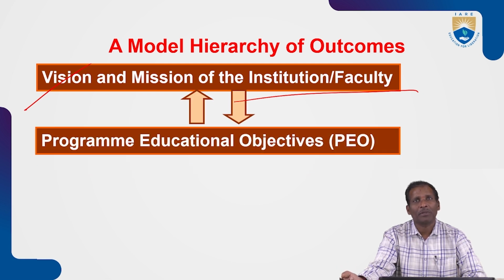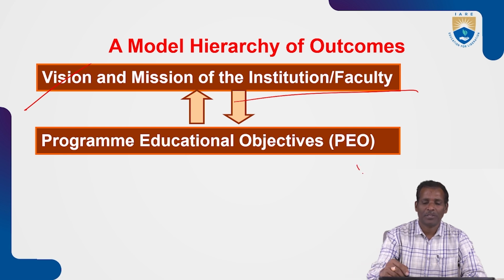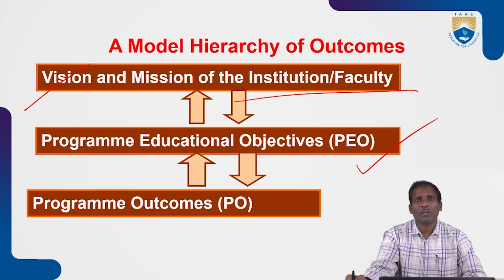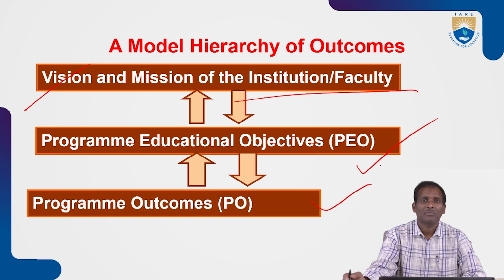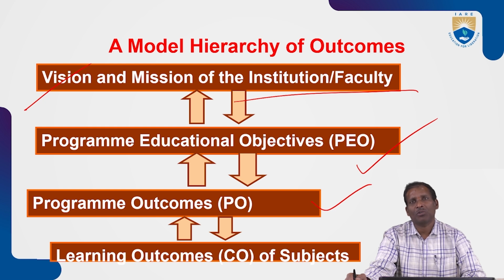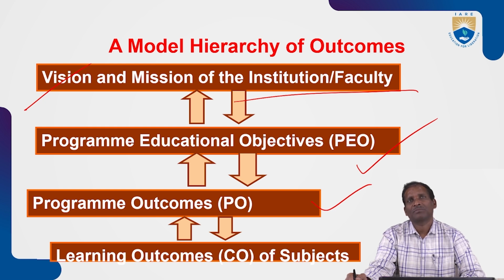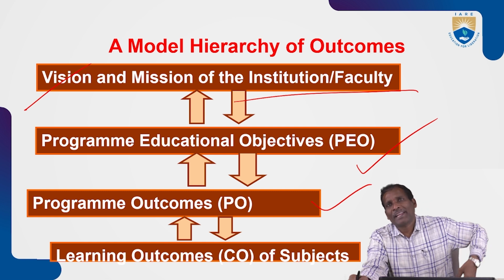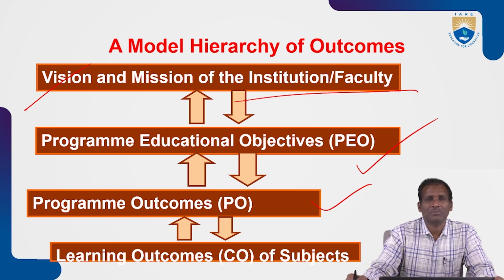Then program educational objectives, that is PEOs. Next, program outcomes, POs. Next, learning outcomes of all subjects, COs, also called CLOs or course learning outcomes. So this is the model hierarchy of outcomes.